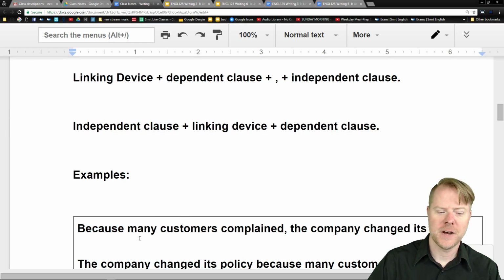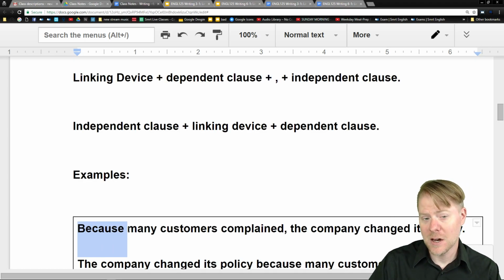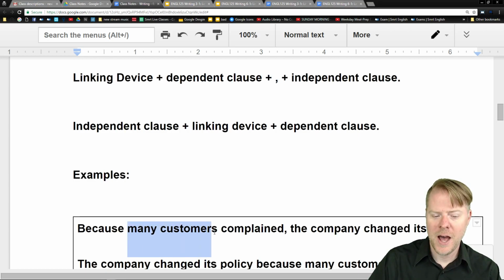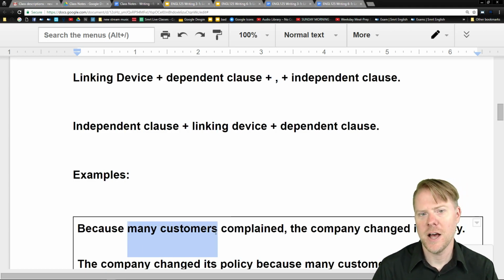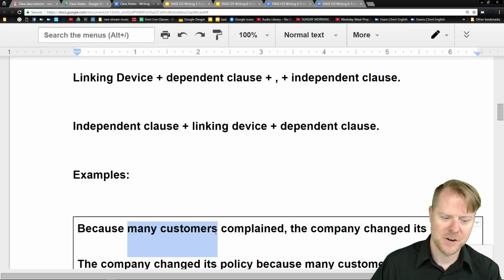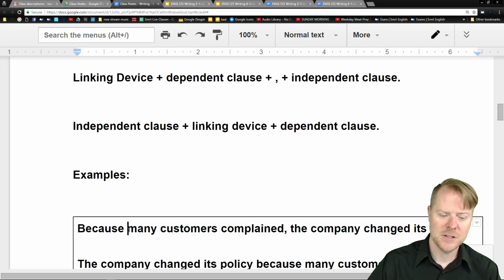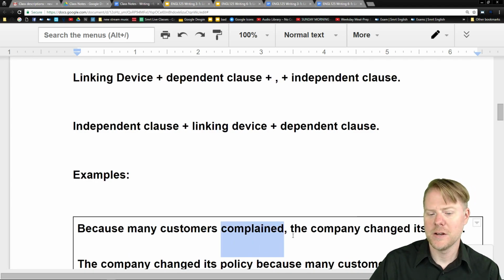When we use a linking device, we're going to create a dependent clause. And because that linking device becomes part of that dependent clause, because many customers complained, remember, in a dependent clause you still have a subject and a verb. Here we have many customers as our subject, and complained as our verb, then the comma.